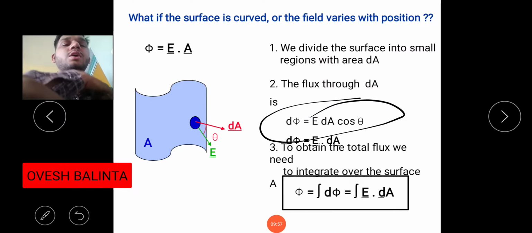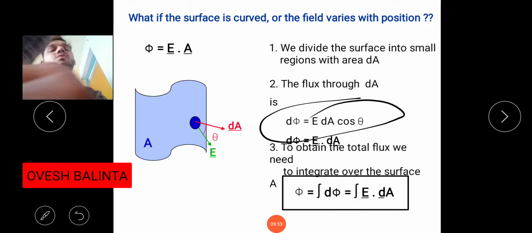Now to obtain the total flux, how do we do it when the surface is curved and the field varies with position? The first step is to divide the surface into small regions of area dA. The second is to find the flux through that particular area.